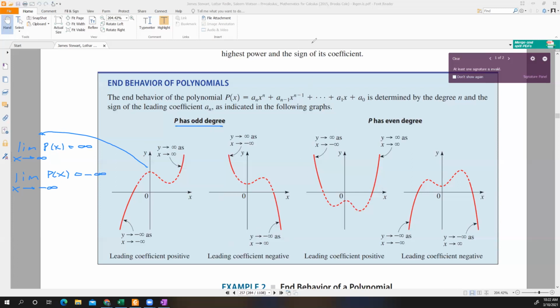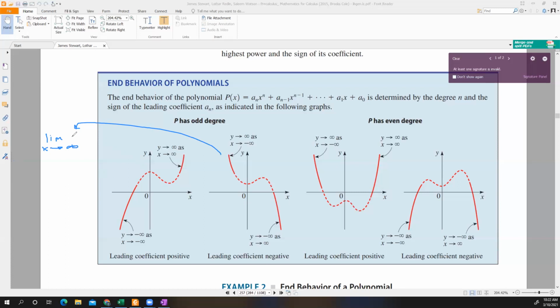Let me clear this. Now let's look at this case here and summarize it using our notation. In this case, p is still odd degree, but now the leading coefficient is negative. Think, for example, p of x equals negative x cubed. The limits are going to switch.